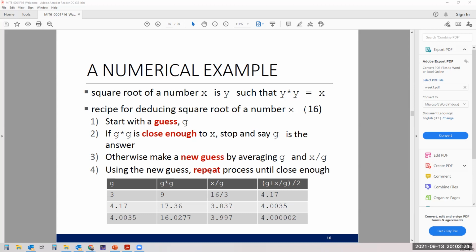So this is higher, so we will deduct a bit and we choose 4.0035, and it gives us 16.0277, which is almost near. x over g is 3.997, and averaging gives 4.0005. So this is the nearest guess. Then we will say the square root is 4 by our guess.